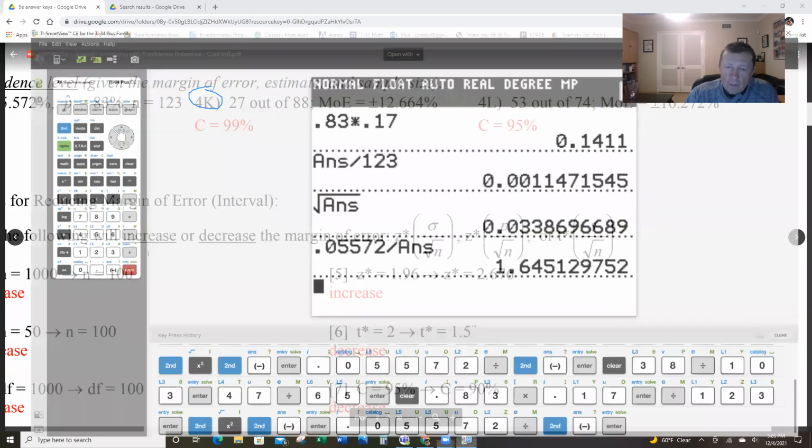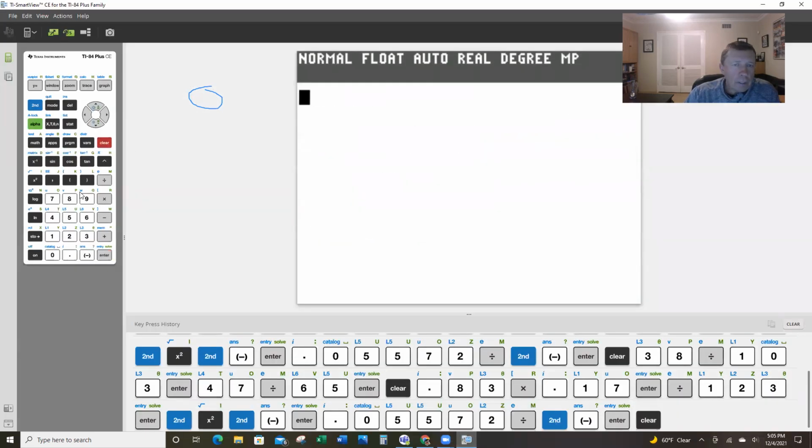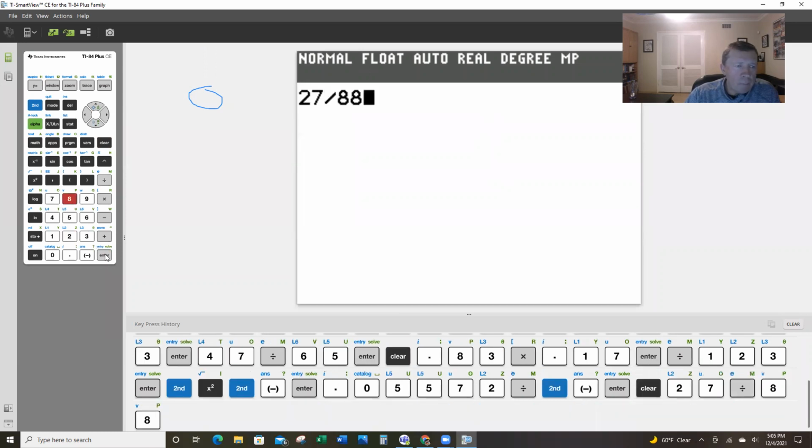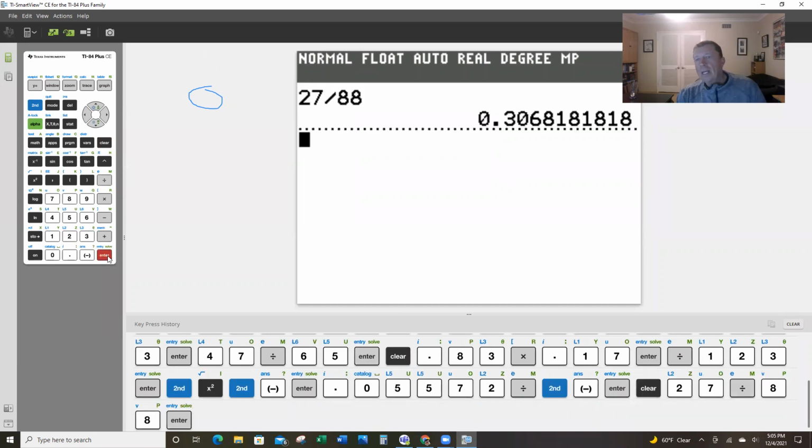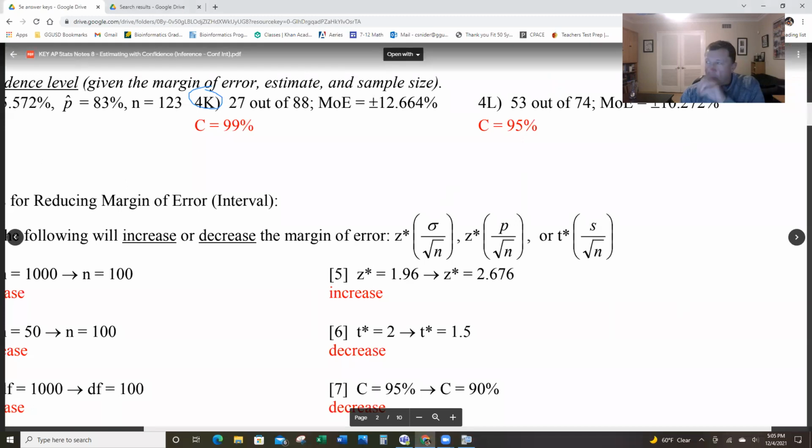Clear all this. 27 divided by 88 is 0.31, good enough, probably 0.31. All right, so the margin of error is 0.12664. I had it in whole numbers, and I made it into a proportion.